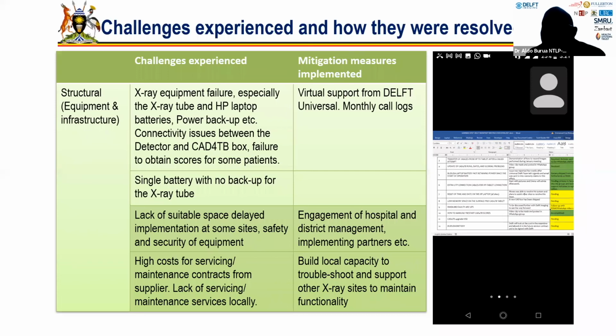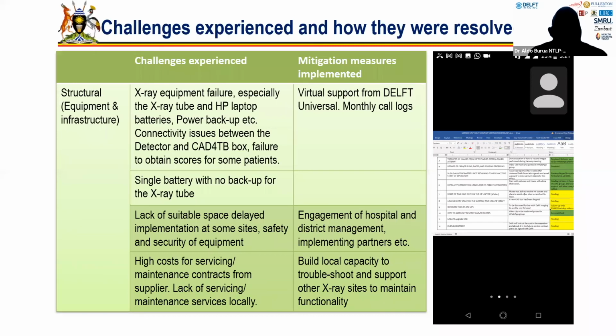If you look at the image on the side, this shows one of our monthly logs, with the issues identified at the different facilities and actions taken, with progress to monitor. And this is an initiative by Delft Imaging through the regional office in Ghana, and it has helped us a lot to functionalize our X-ray systems.